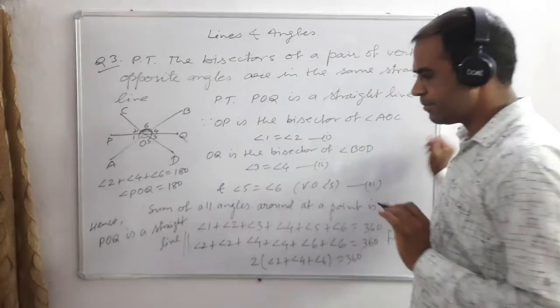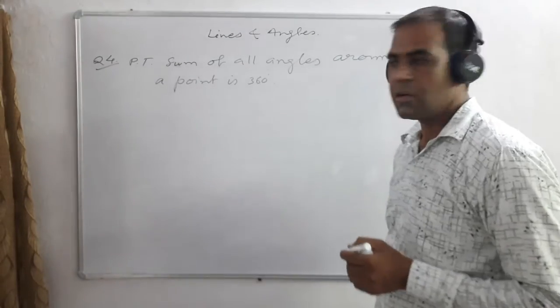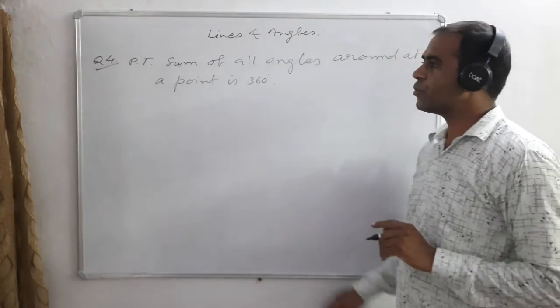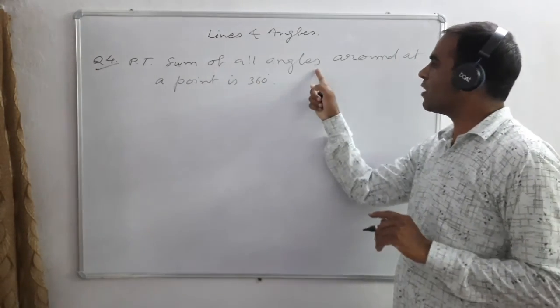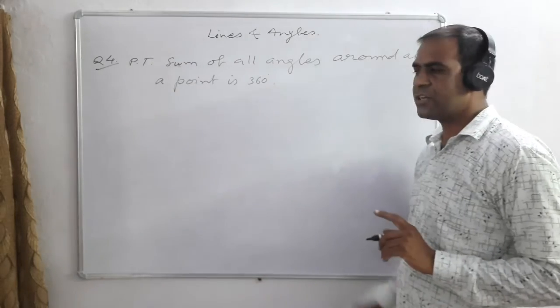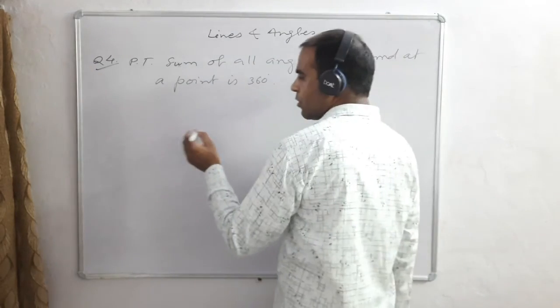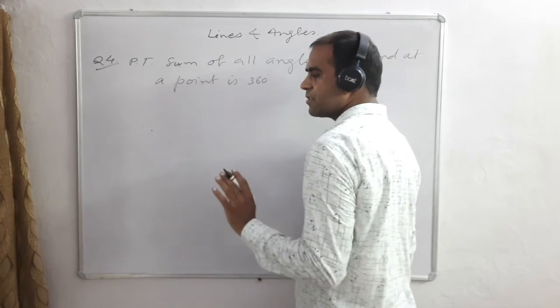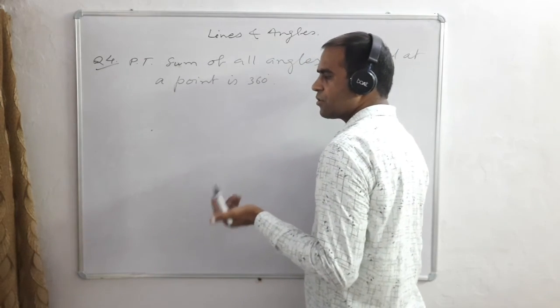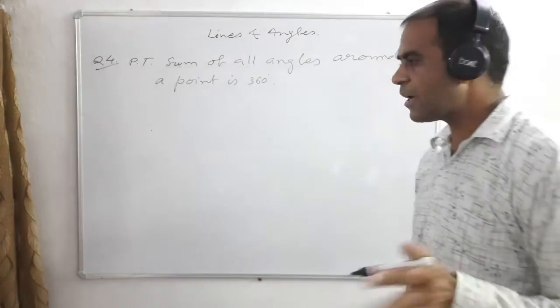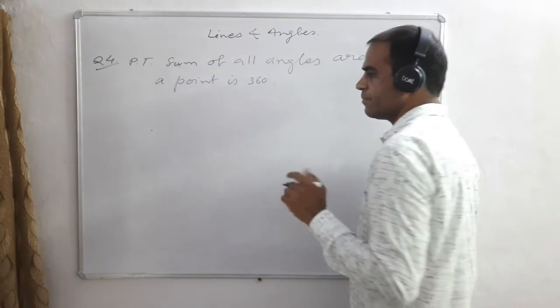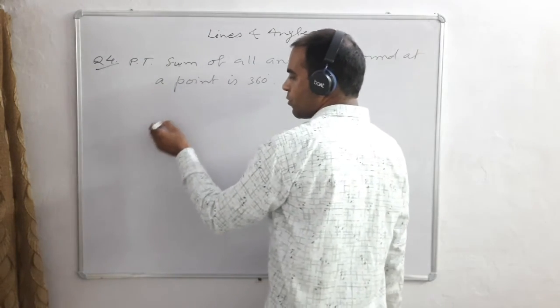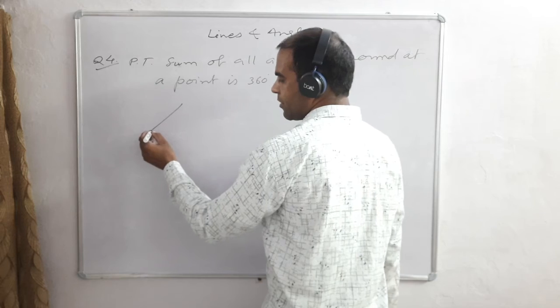This is proved. Our next question is: prove that the sum of all angles around a point is 360 degrees. On a particular point there can be many angles, and we can take 2 angles, 3 angles, 4 angles, 5 angles, as your choice.